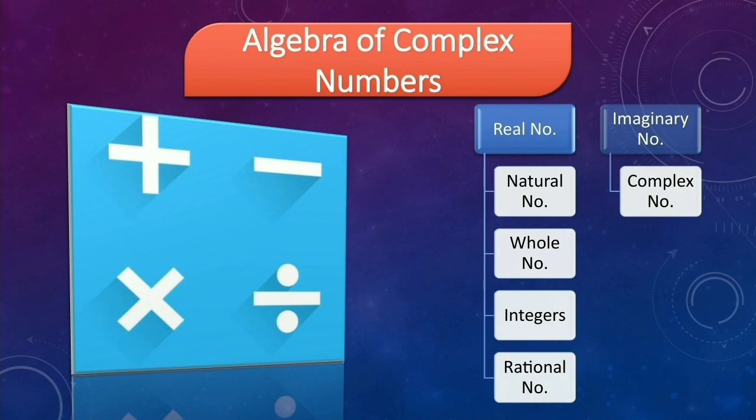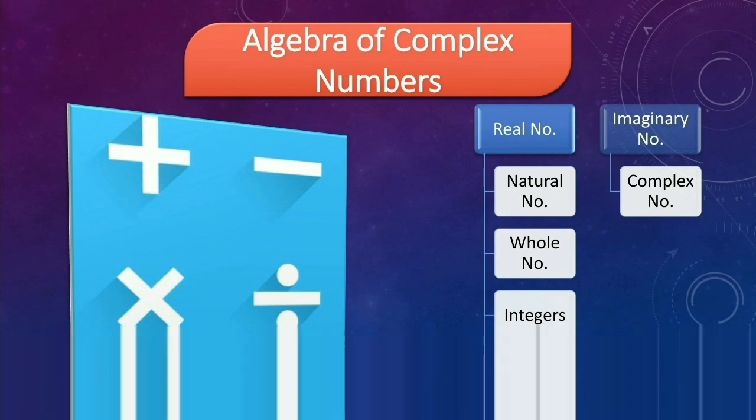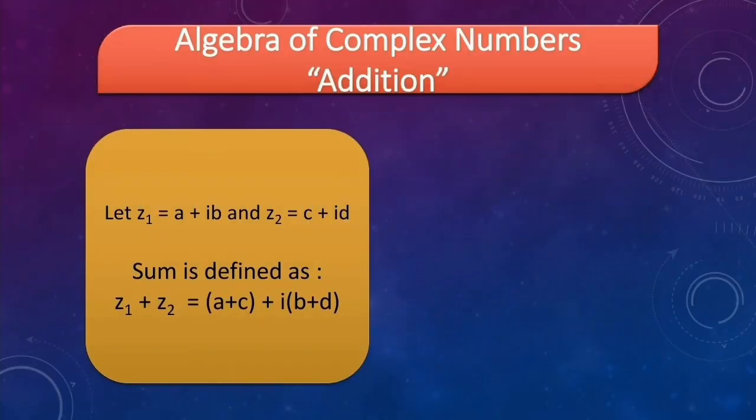Let's begin the algebra of complex numbers. Addition. In this whole series we are going to take z1 equal to a plus iota b and z2 equal to c plus iota d, and we'll see what happens in addition, multiplication, subtraction and division.